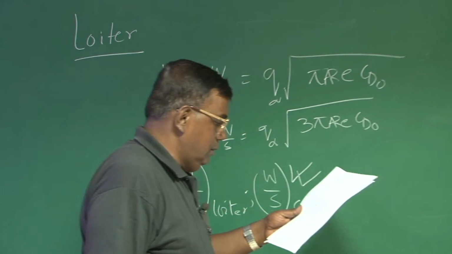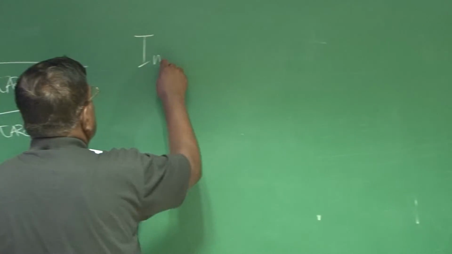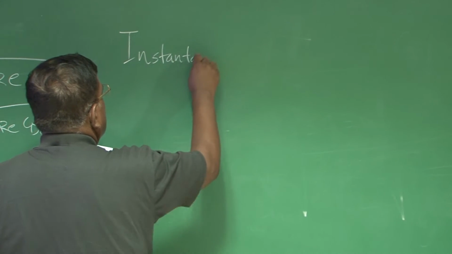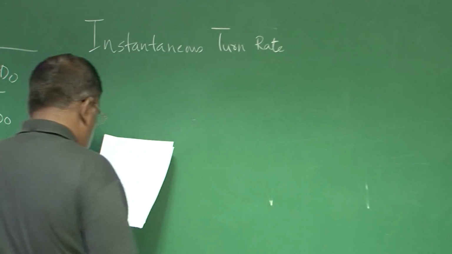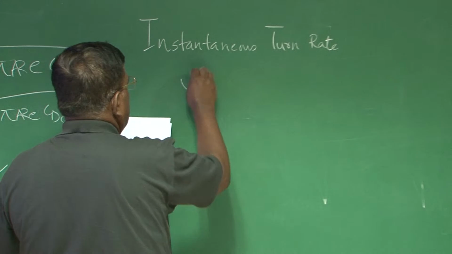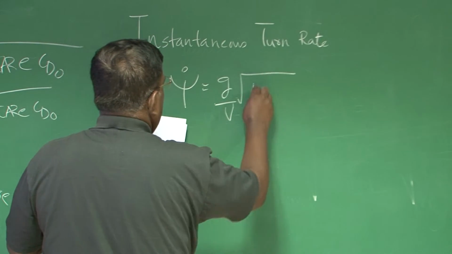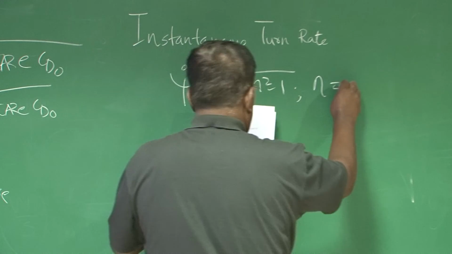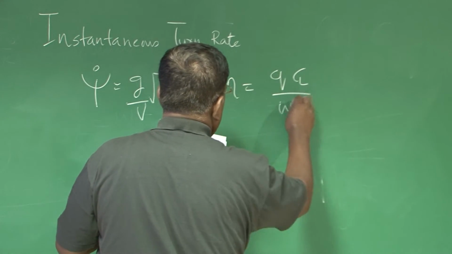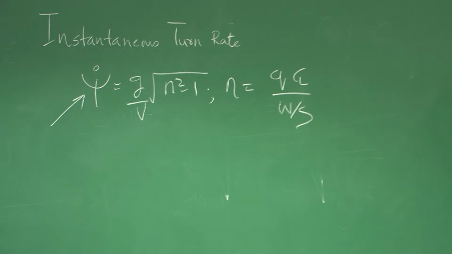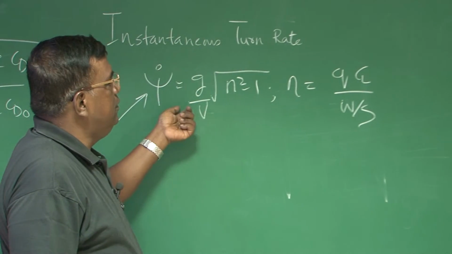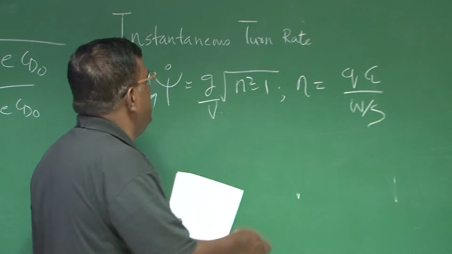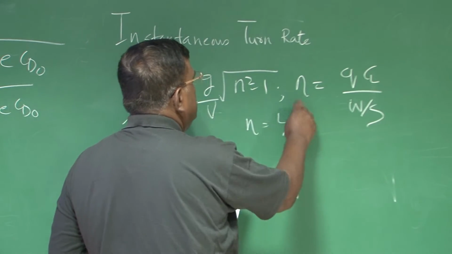Another thing we talked about, instantaneous turn rate, where we have shown, we know that of course this psi dot is G by V under root n square minus 1, where n equal to Q CL by W by S. So depending upon what sort of instantaneous turn rate you require, at what dynamic pressure, because V will be related to turn rate for a different load factor, all this gets clubbed because you understand N is L by W. Okay.